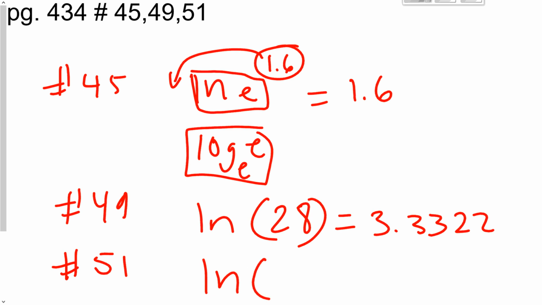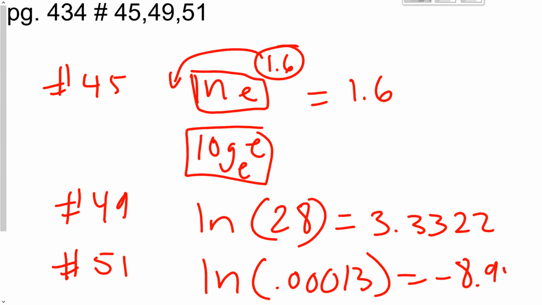So ln, parenthesis comes up, 0.003013, close off that parenthesis, and you get negative 8.9480.